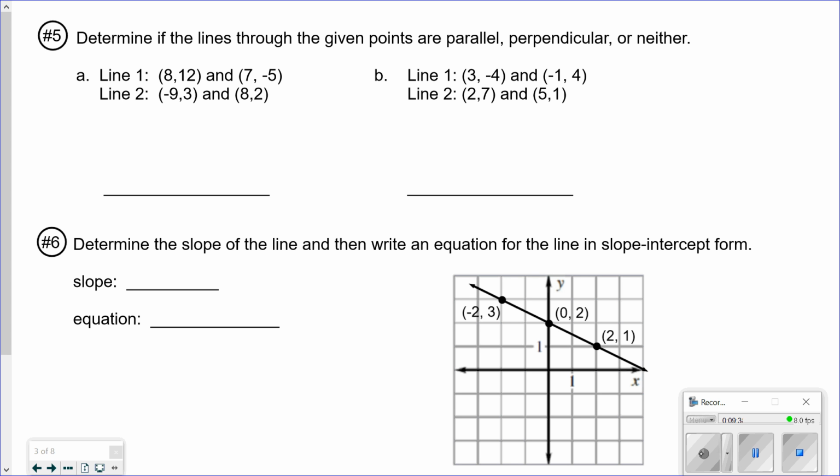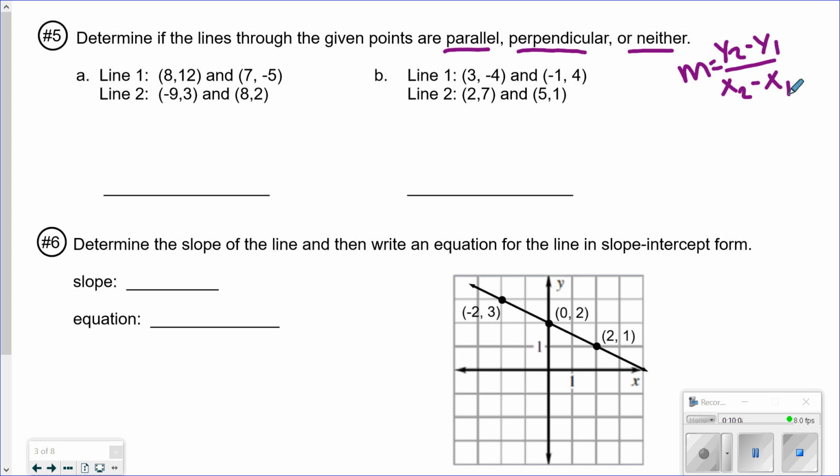For number 5, we want to determine if the lines through the given points are parallel, perpendicular, or neither. So we need to figure out what the slopes are of each line. Let's remember our slope formula. Our slope formula is rise over run, which is y2 minus y1 over x2 minus x1. Now I'm not going to show all the work, but I'm just going to tell you what the slope is.